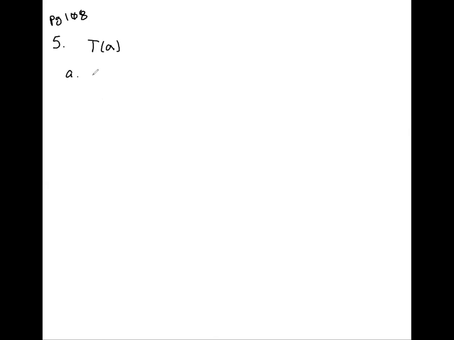Part A says that if I have T of 5 is equal to 18, then it wants me to give the units of 5, the units of 18, and to talk about what the statement tells us about a reaction.